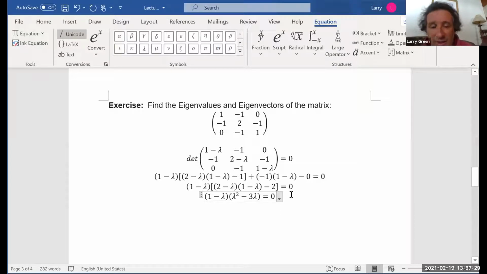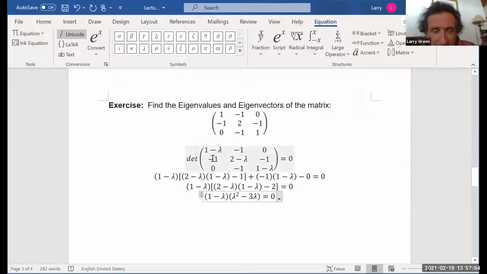So what's lambda? I'm a little worried because I don't think this is right. Anyone see a mistake? So 1 minus lambda, 2 minus lambda, 1 minus lambda, minus 1. That looks good.